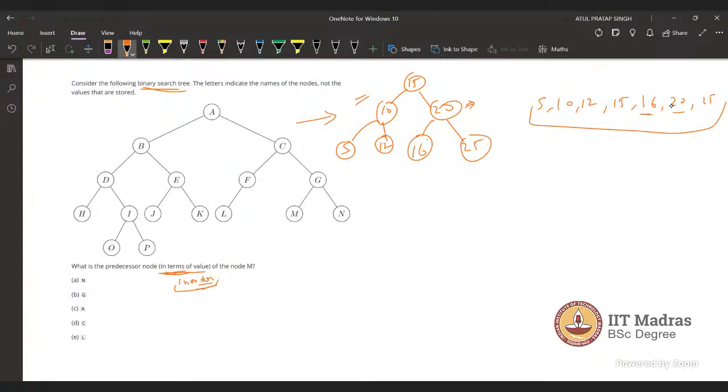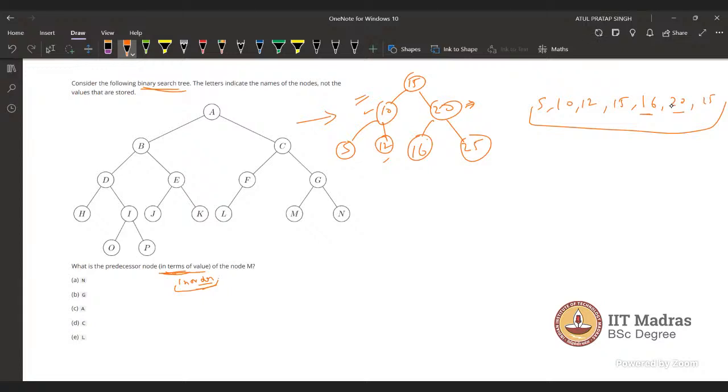So who is the successor of 10? The closest value of 10 which is greater than 10 is 12.